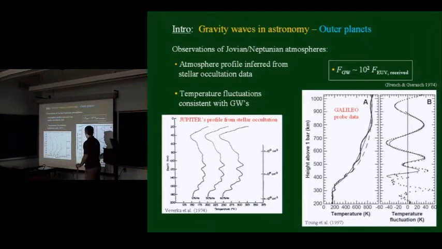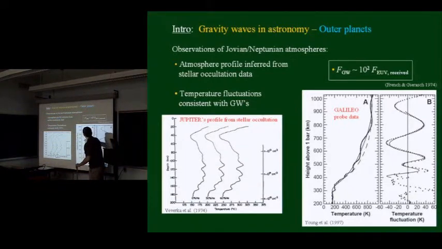So what you see is the gravity waves that are propagating upward in the atmosphere of Jupiter imprint these temperature perturbations, and then at a high enough altitude their amplitude grows large and they break by nonlinear processes, and they begin depositing their energy. And this increase in the temperature in Jupiter's atmosphere is due to deposition of energy by breaking gravity waves.